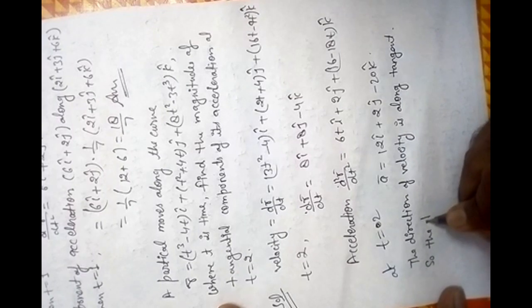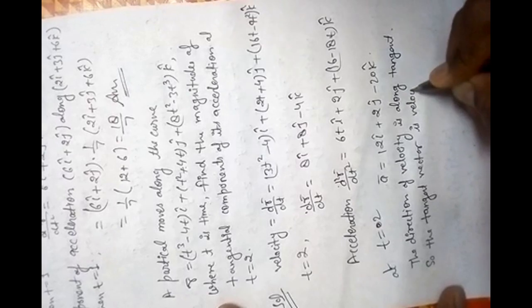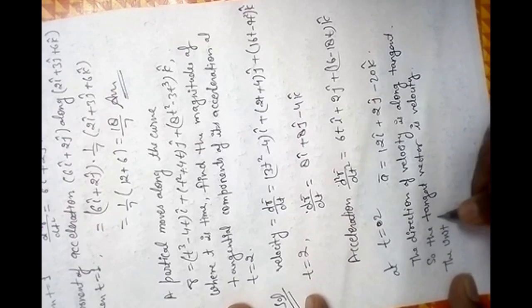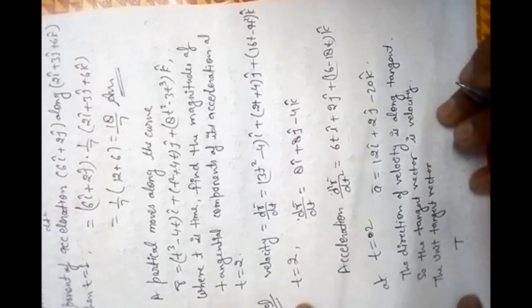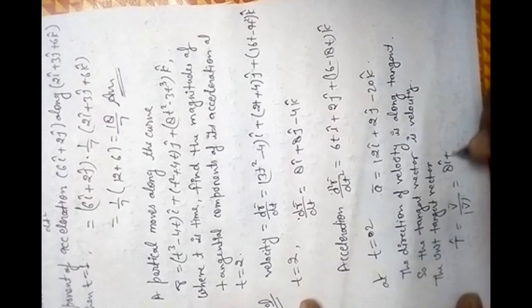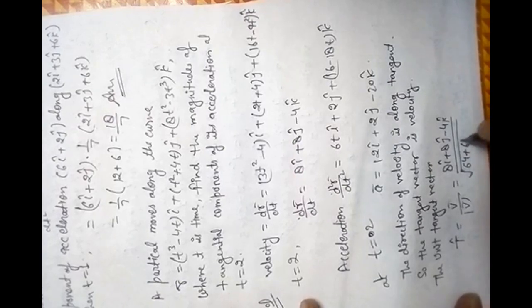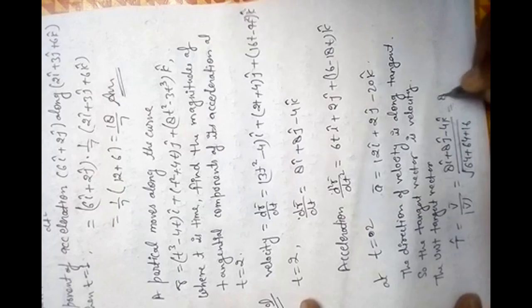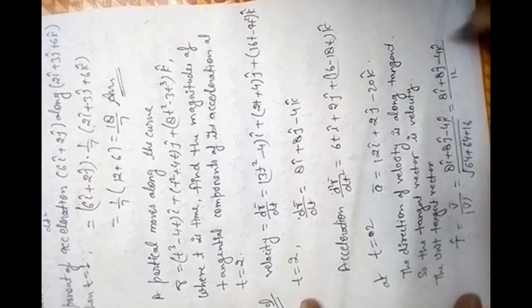The unit tangent vector is this one, so (8i plus 8j minus 4k) upon root of 64 plus 64 plus 16, that means (8i plus 8j minus 4k) upon 12.